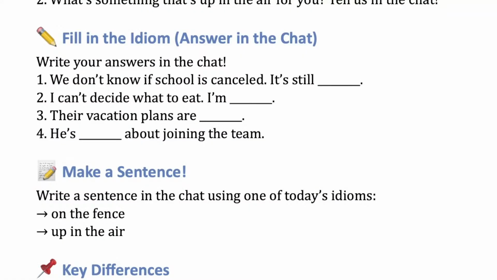Okay, so write a sentence in the chat using on the fence, up in the air. Okay, Julia. I can't decide what to eat. I am on the fence. Good, good, good.